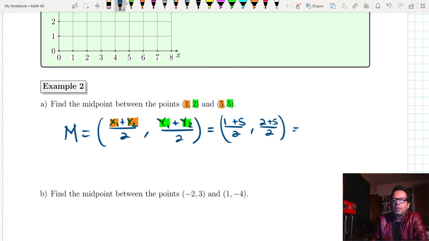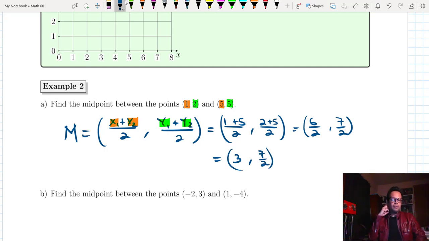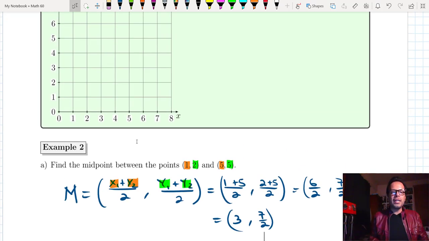That's 1 plus 5, that's 6 divided by 2, comma, 2 plus 5, which is 7 divided by 2. We can simplify 6 divided by 2, that's 3, comma 7 halves. What is this point representing? The point 3 comma 7 halves is the point right in the middle of 1 comma 2 and 5 comma 5.